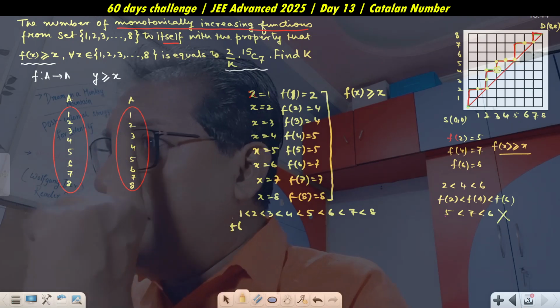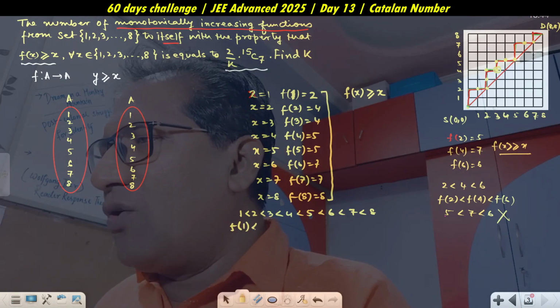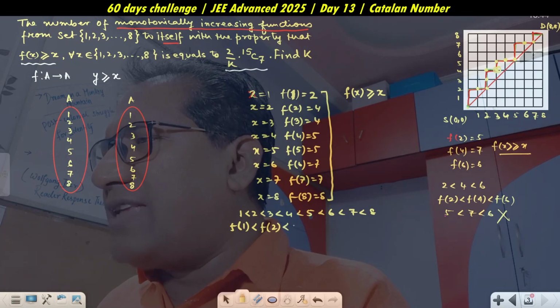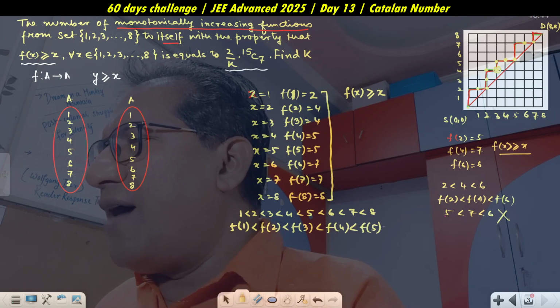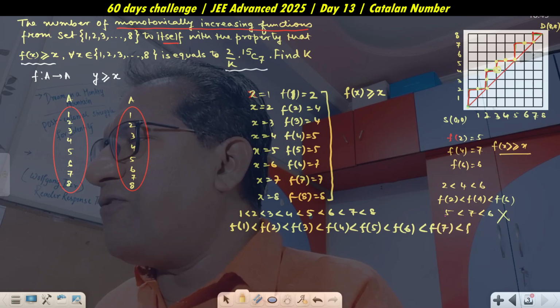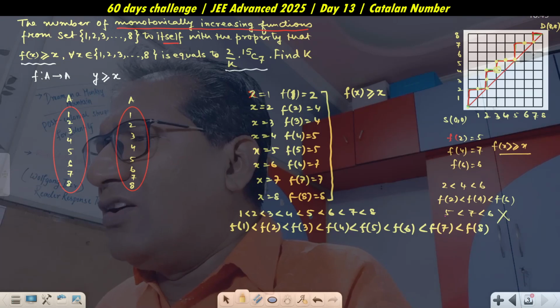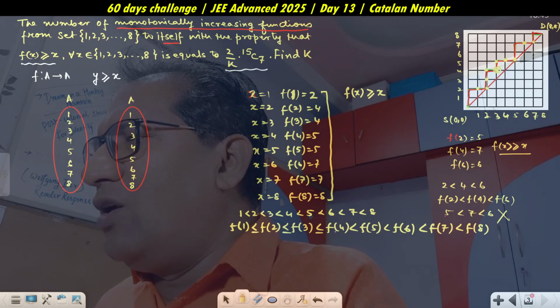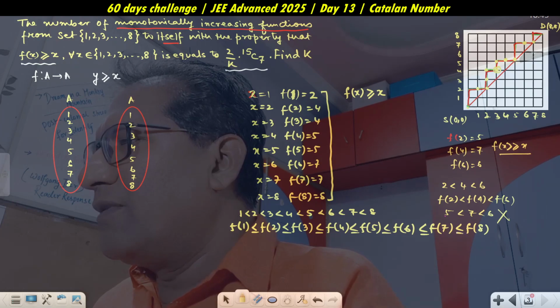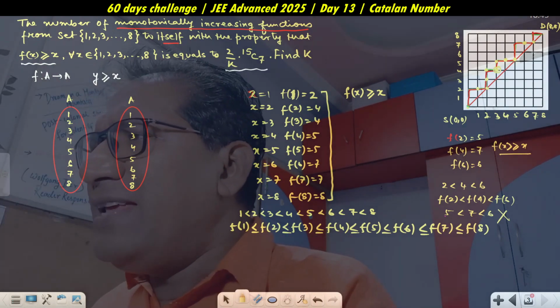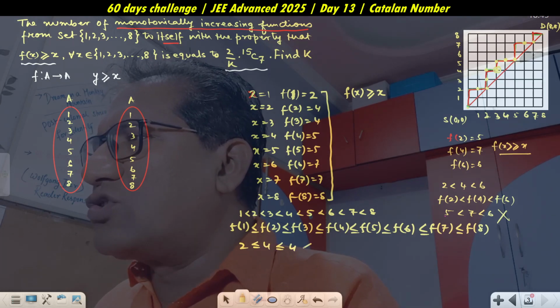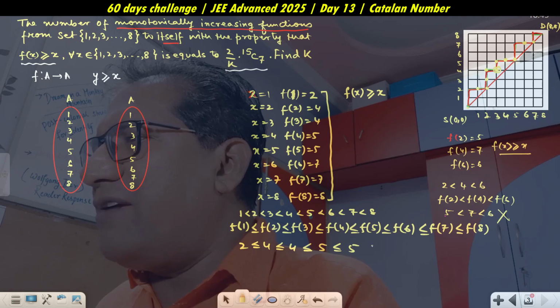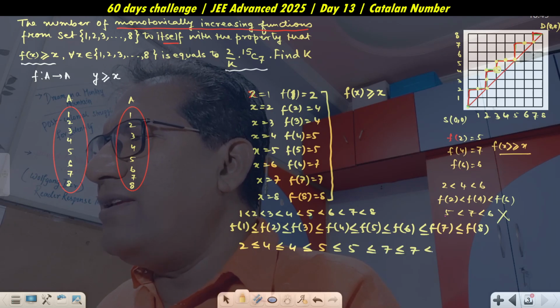So, if it is a monotonically increasing function, your f1 will be less than f2, less than f3, less than f4, f5, f6, f7, f8. Since it is a monotonically increasing function, they can be equal also. I don't mind. Okay, so let us check. f1 is 2, which is less than or equal to 4, less than or equal to 4, less than or equal to 5, 5, 7, 7, 8.